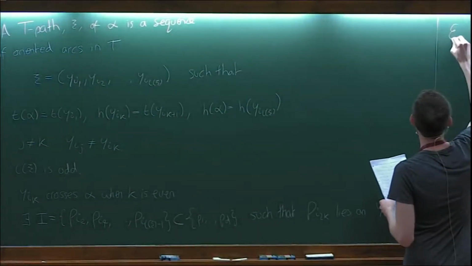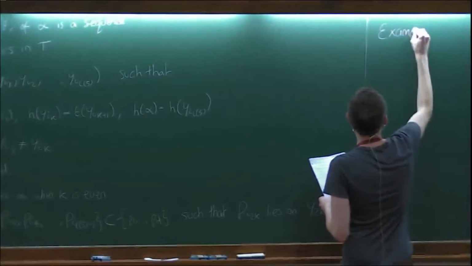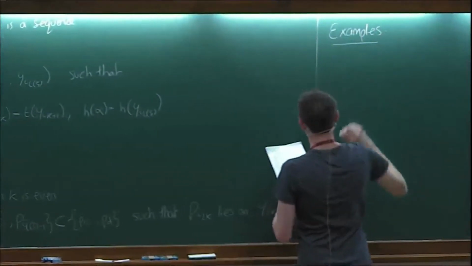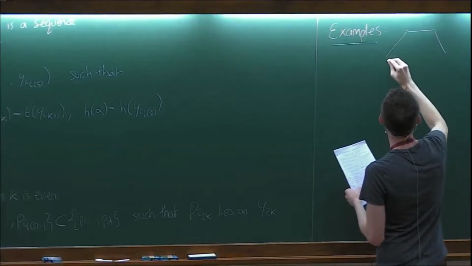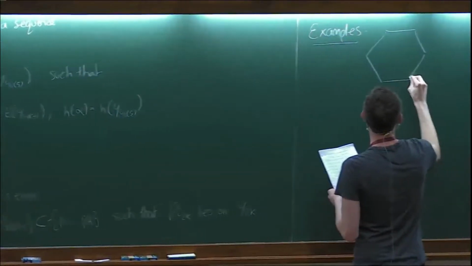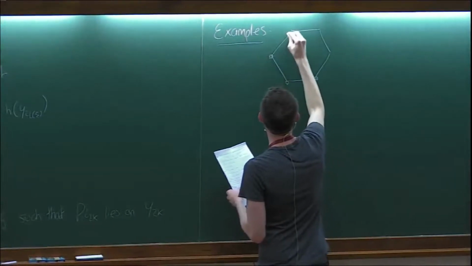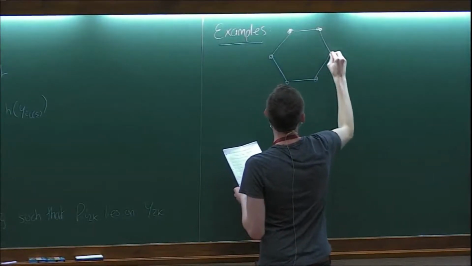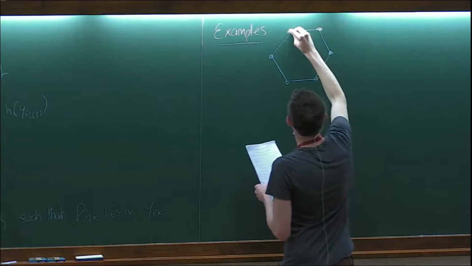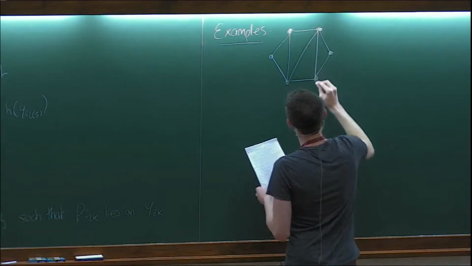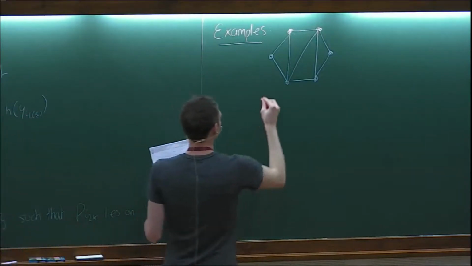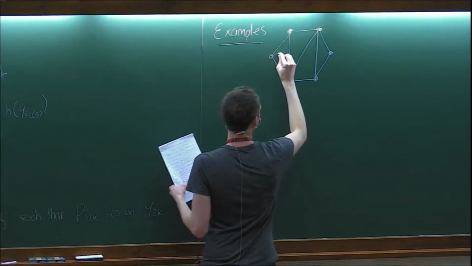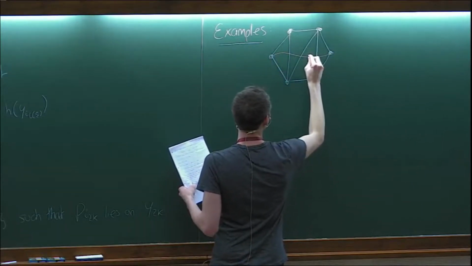So let's look at some examples. We'll look at the sixgon. So we look at some triangulation, and then we need to pick some arc alpha that we want to look at the expansion of.